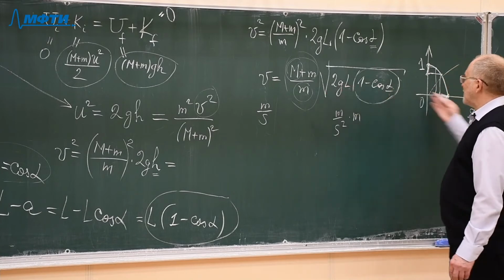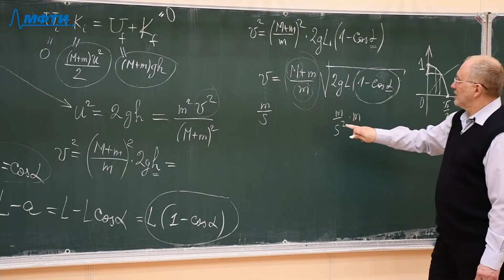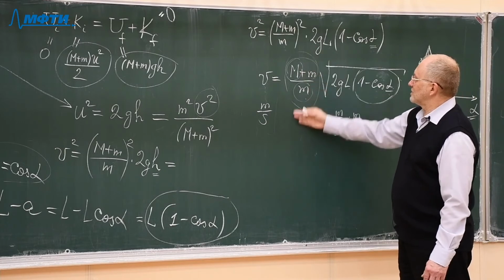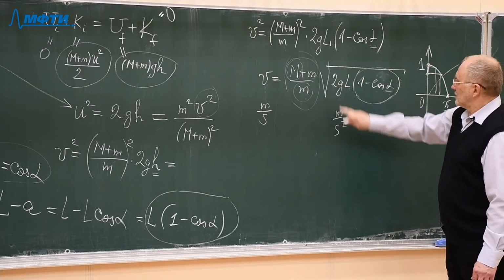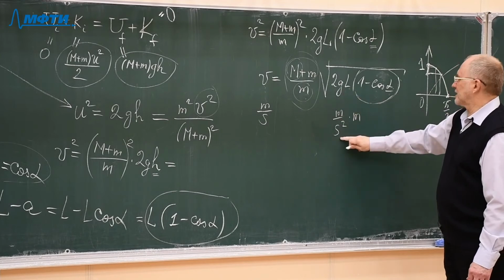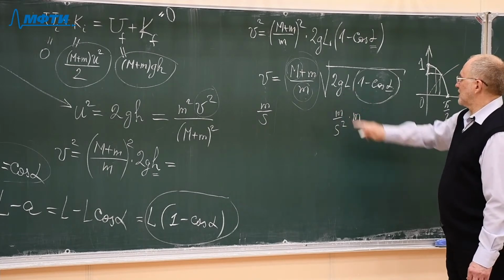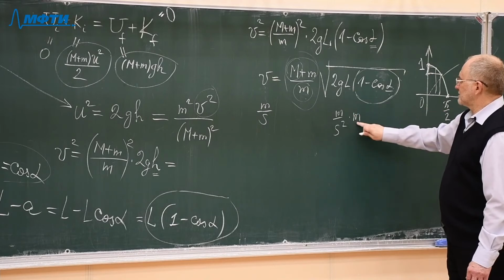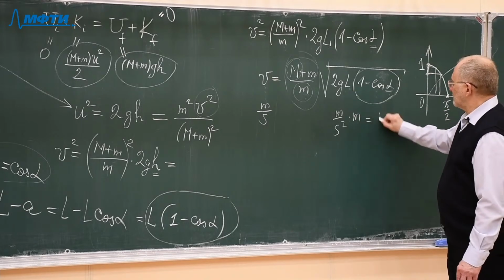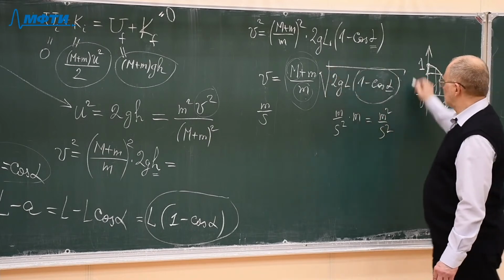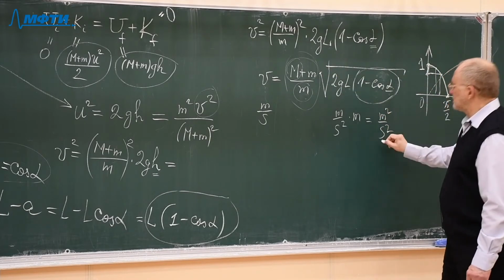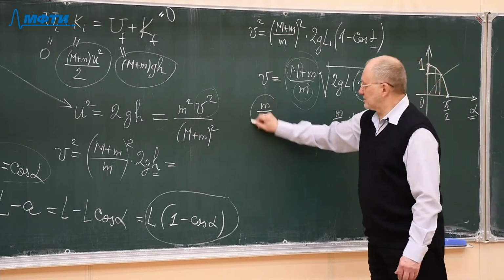Let's check it. If we substitute here kilograms, they will cancel, and here the acceleration in meters per second squared times length in meters gives meters squared over second squared, and we take the square root of it. So finally we will get meters divided by seconds. That is what we must obtain.